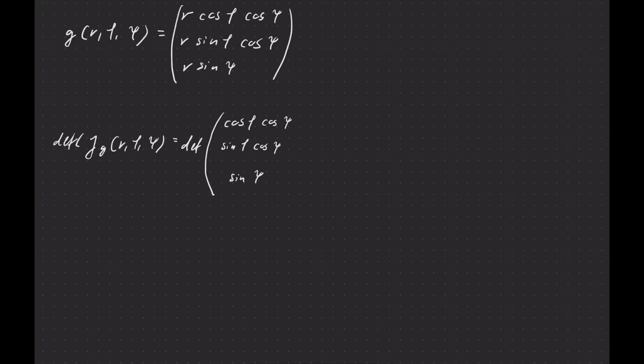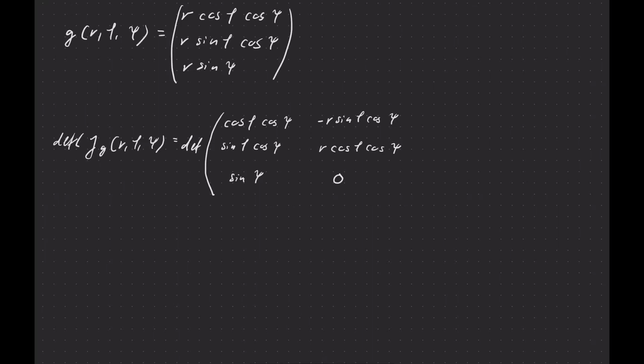Then we differentiate with respect to phi. For the first row we get minus r sine phi cos psi. For the second row we get r cos phi cos psi. And for the third row we get 0 because there's no phi in there.